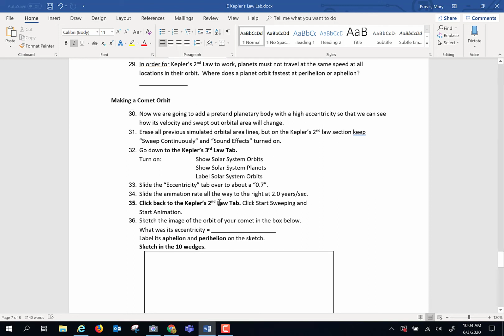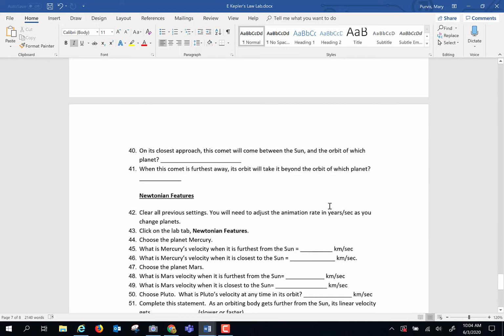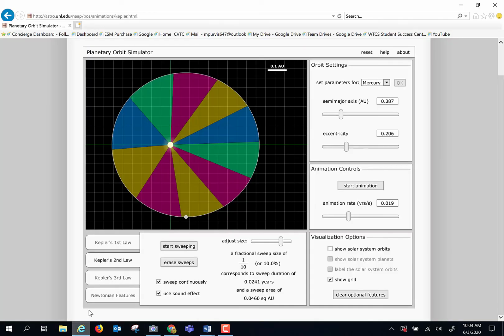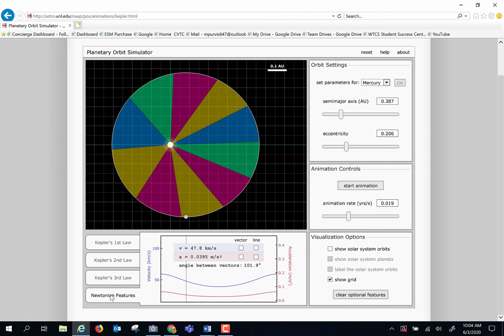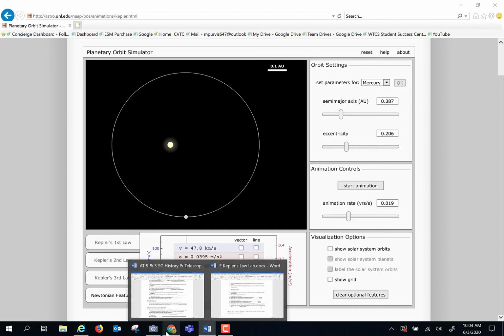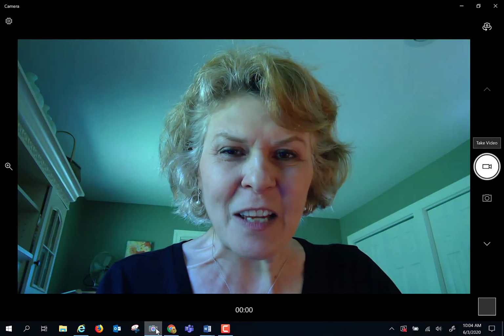Let's push this to the extremes of the simulation. What happens if you have something that's far away, with a very elliptical orbit? And last but not least, we're going to use the Newtonian features of the simulation, which is way down here, to look at some gravitational effects. So lots going on as usual.